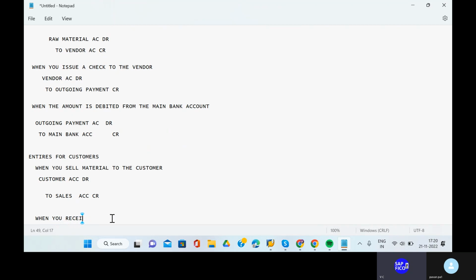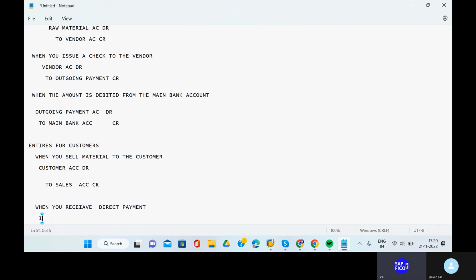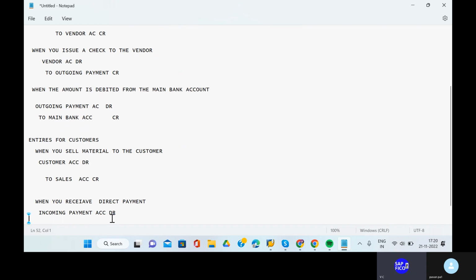When you receive the direct deposit, what is the exact entry that we have? Incoming payment account debtor to the customer account creditor. You got the point?